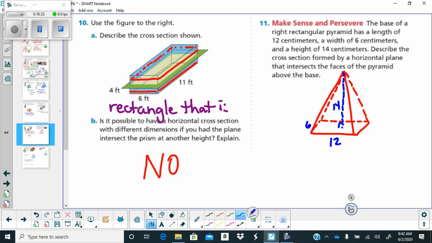Okay, so describe the cross section formed that intersects the faces above the base. If I have a cross section that just goes straight across, it's a horizontal plane. Right there. That's going to be like that.